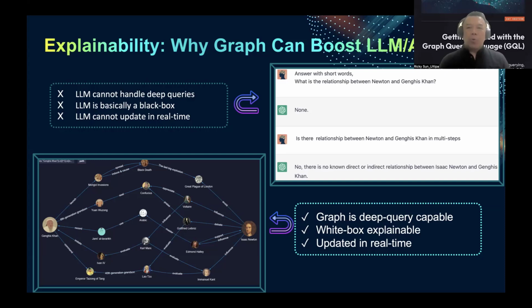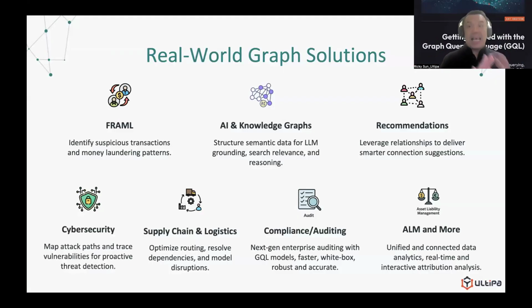So we are using this case to show that when a graph is deep query capable, we can make it white box explainable. It's something that the LLM couldn't handle today. And especially if your graph computing engine is able to refresh the data in real time, that's going to be even better. That's exactly what we have been working on.